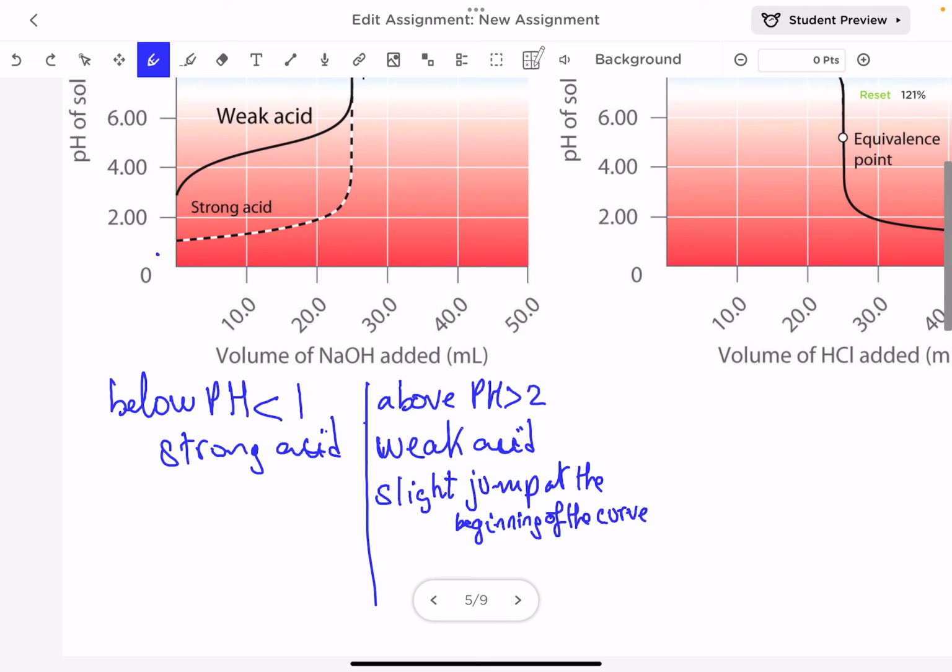If the curve has no jump and it increases slightly every time you are adding a base, then definitely this is a curve of a strong acid. So no jump at the start, and the curve increases slowly. It looks like an almost horizontal line.